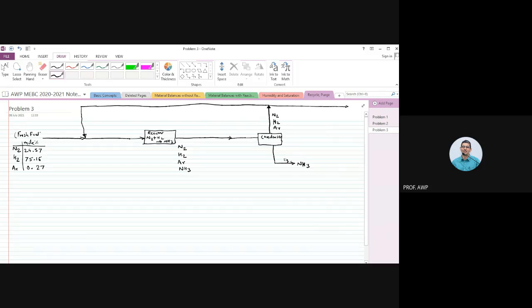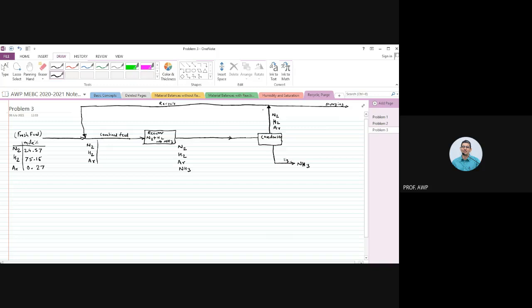We are calling this fresh feed, we are calling this combined feed. This is our recycle. We are purging some amount of gas so that the argon that builds up in the loop at steady state is maintained at a desirable level.